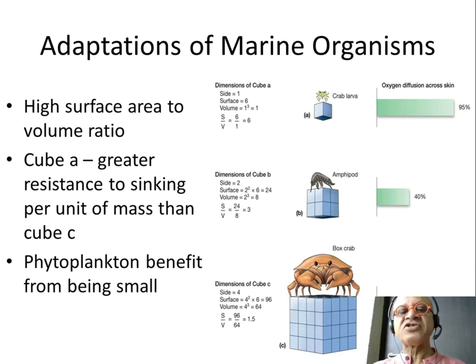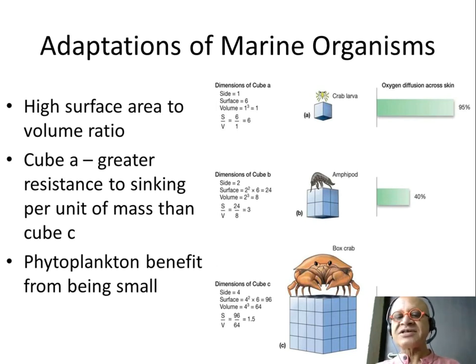Now the surface area to volume drops all the way down to 3. So it went from 6 down to 3. So now the diffusion across the skin on this larger cube, with much lower surface area compared to the volume, is 40%. Just some measure of diffusion across the skin given the surface area to the volume.